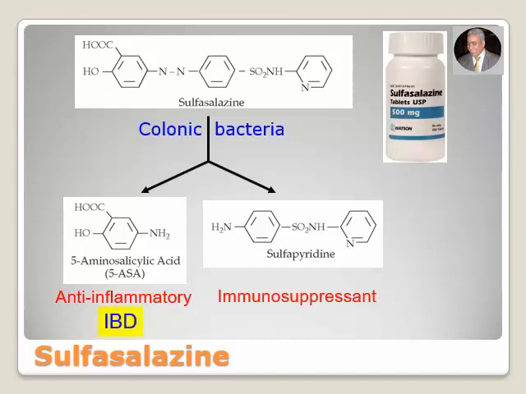Because of its anti-inflammatory action, it is used in inflammatory bowel diseases, for example ulcerative colitis and Crohn's disease. And because of its immunosuppressive action, it is used in rheumatoid arthritis.